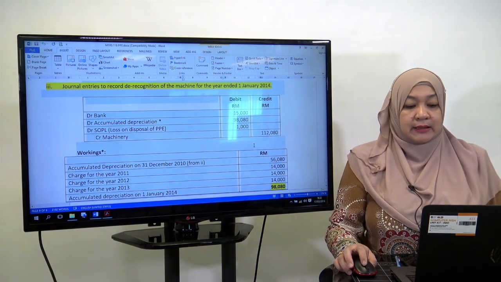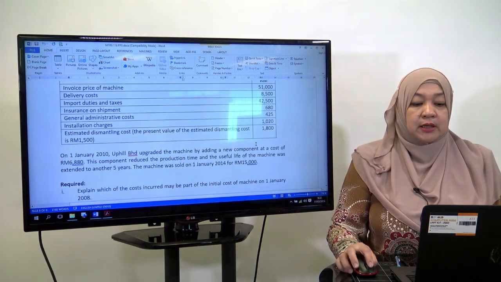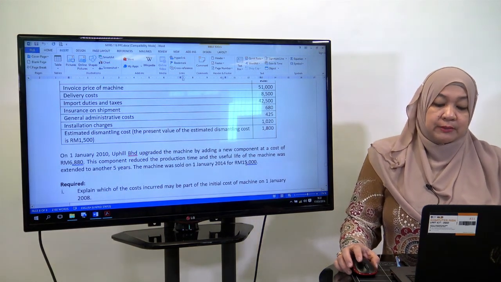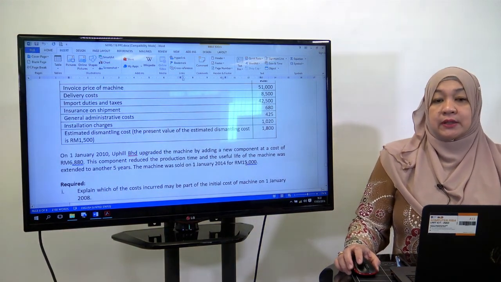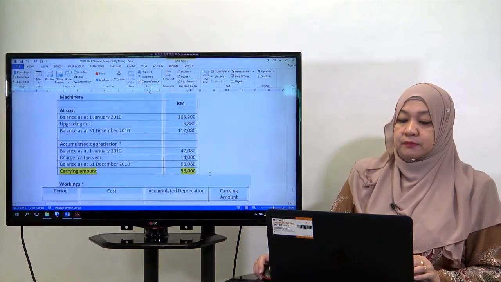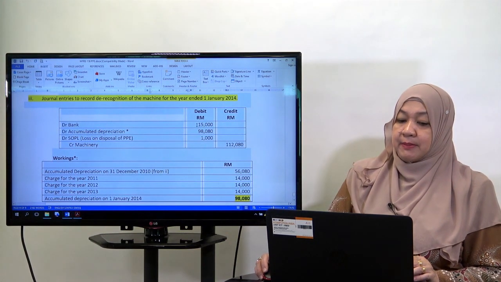Now when we derecognize it, if we refer to the question, they sold it off for 15,000. So when we sold the machine for 15,000, we will debit bank and credit machinery.